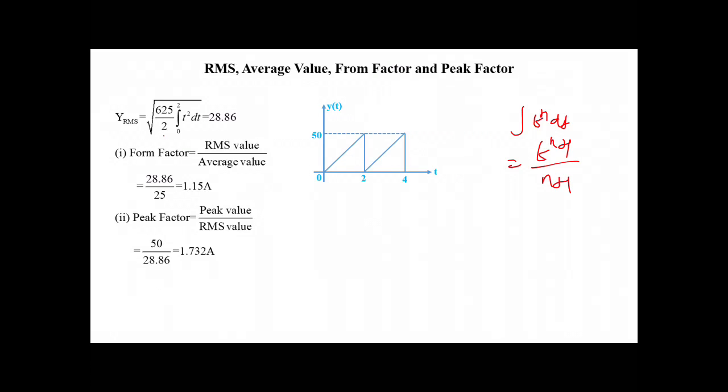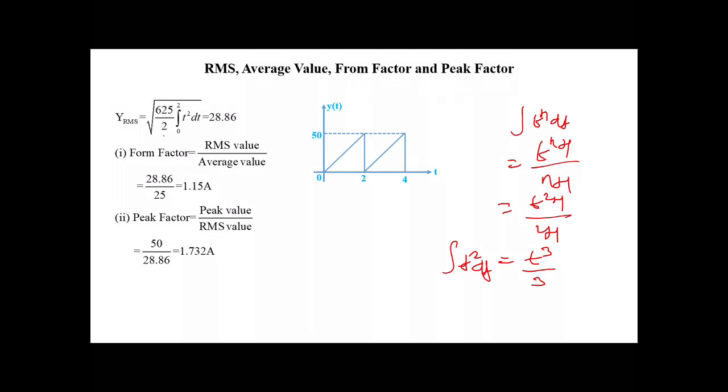We need to calculate the integration of t square. It means n equals 2, so it will be t to the power 2 plus 1 divided by 2 plus 1 equals t cube by 3. So the integration of t square dt equals t cube by 3.